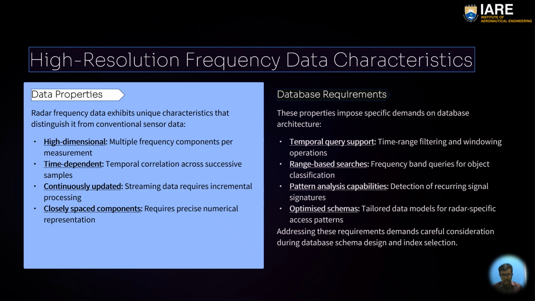The next one is range-based searches, frequency band queries for object classification, pattern analysis capabilities, detection of recurring signatures, and optimized schemas, tailored data models for radar-specific access patterns. Addressing these requirements demands careful consideration during database schema design and index selection. So that was all about high resolution frequency data characteristics.